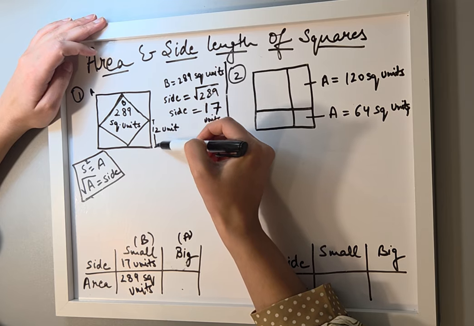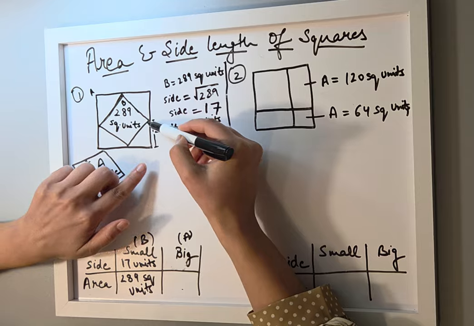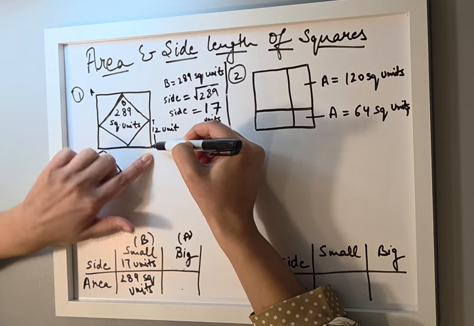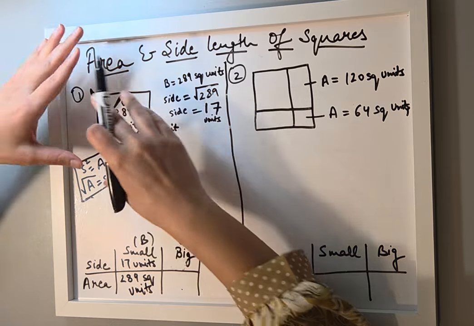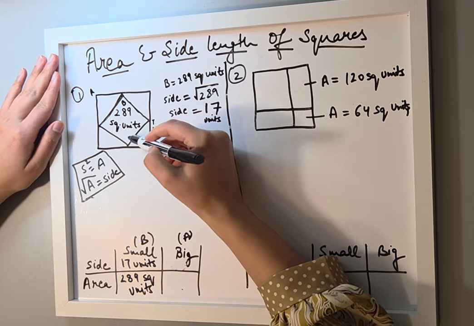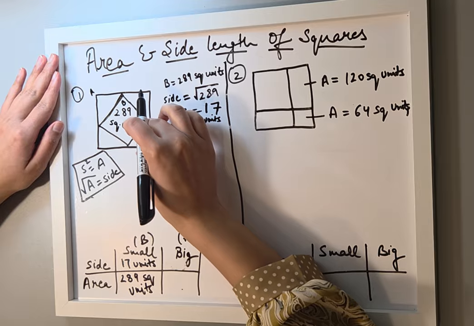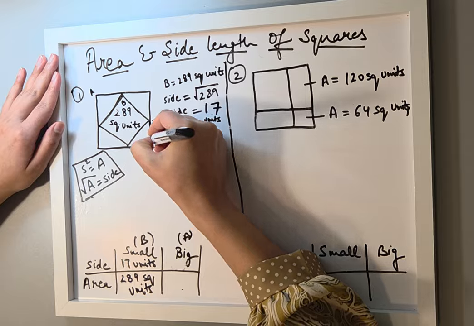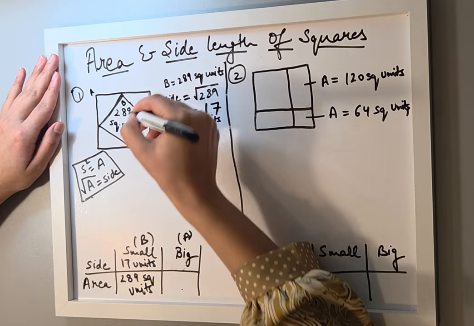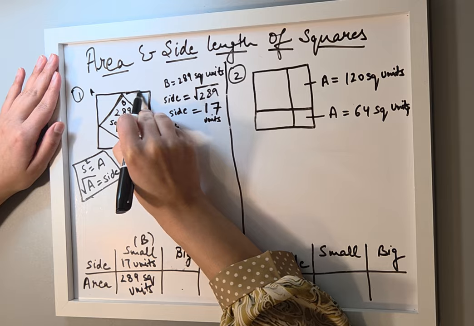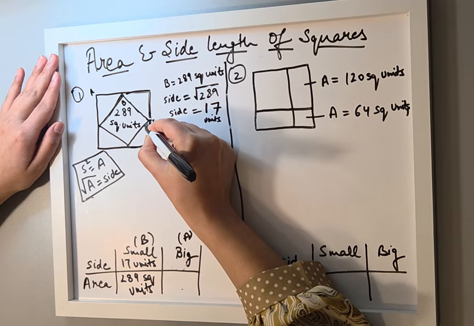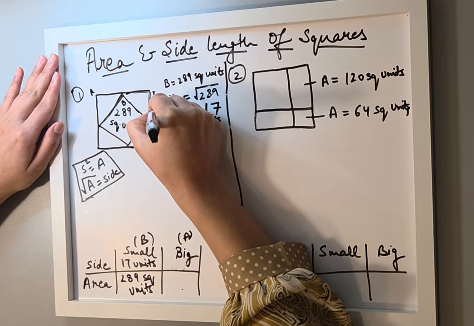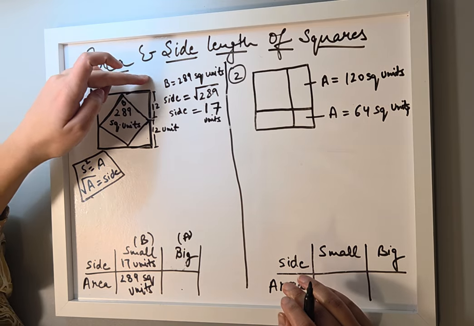So we have partial information on the side of the big square. We just know that this much portion is 12. Because everything is so symmetrical, these triangles are also symmetrical. So whatever this side is will be equal to this side, and this side will be equal to this side. If this half is given to us as 12, it is safe to say that this other half will be 12 units as well.